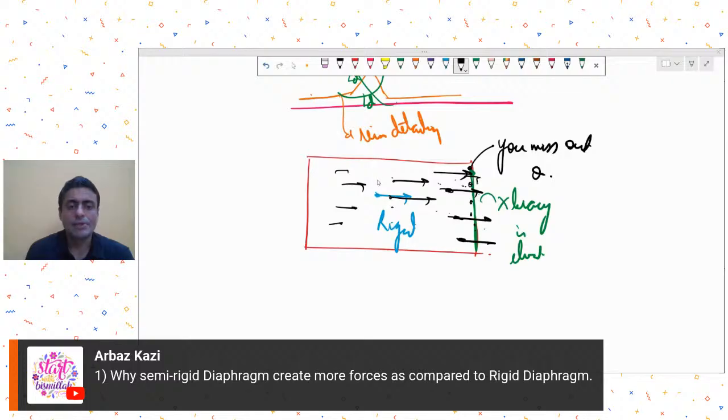So what you can try is you can try to make a simple plan, provide X bracing over here in elevation, and assign it as a rigid diaphragm. You will not see forces, axial forces mainly, getting transferred in this X bracing. But when you do a semi-rigid diaphragm, then because of that additional degree of freedom available, you will see the forces now getting transferred to X bracings also, especially for lateral loads I'm talking.